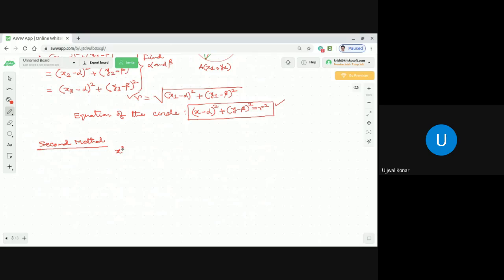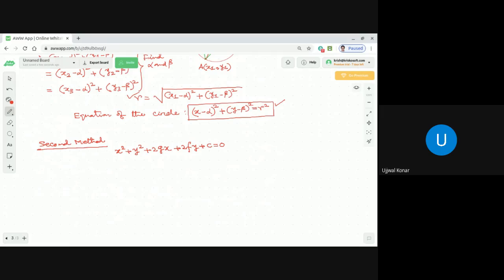It is x square plus y square plus 2gx plus 2fy plus c is equal to 0, isn't it? That is the general equation of a circle. Okay, and just for the sake of repetition of our understanding, we know the center of this circle is at the point minus g comma minus f, and the radius of that circle is square root of g square plus f square minus c. Though it is not required in context to our discussion, I'm just saying.